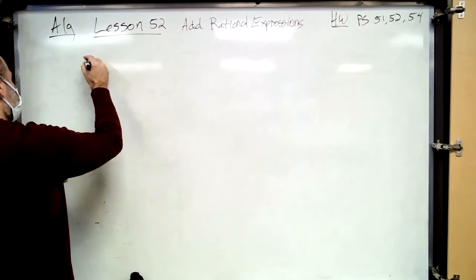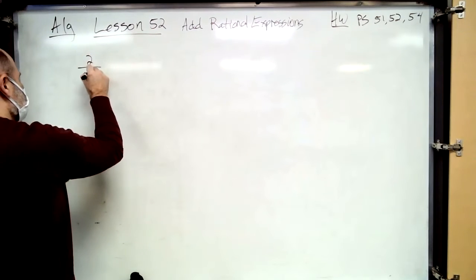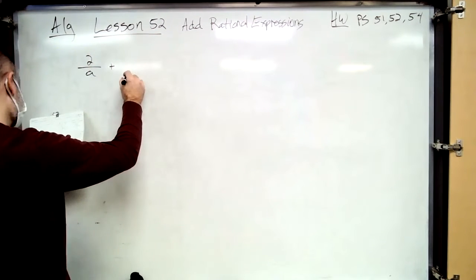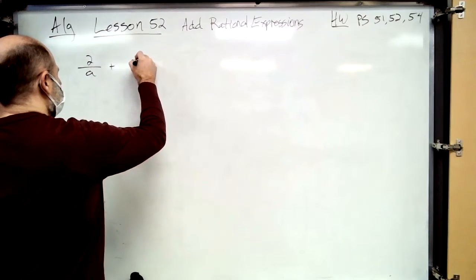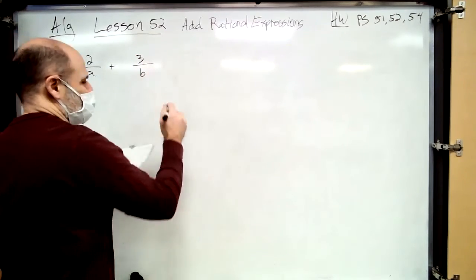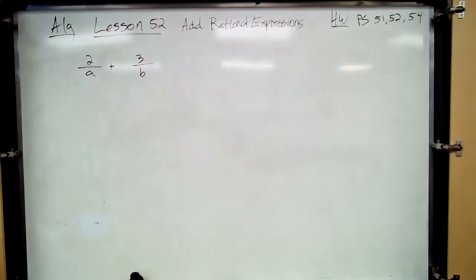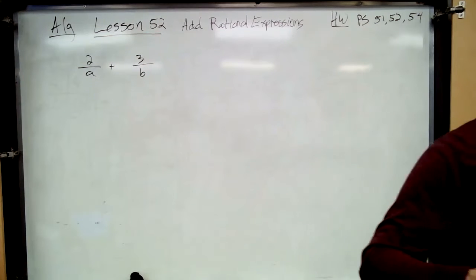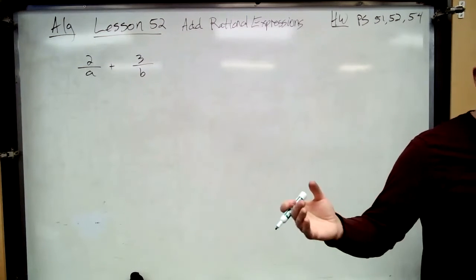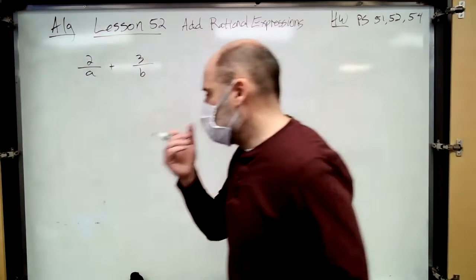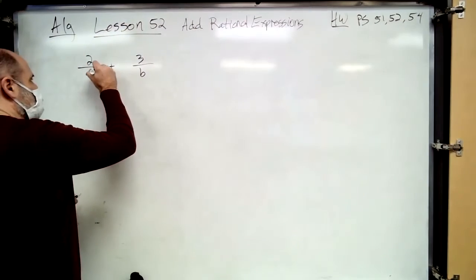Let's see, I have 2 over a plus 3 over b. So we can't add these, right? Because they're not the same denominator. So how do you make the denominators the same? What do you do? Yeah, you just squish them together. When they don't have anything in common, you just squish them together. So my common denominator is going to be AB, right?